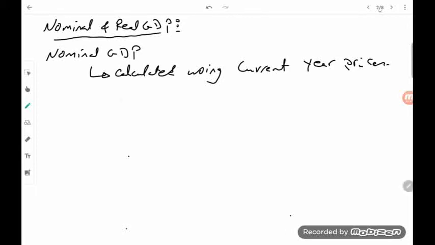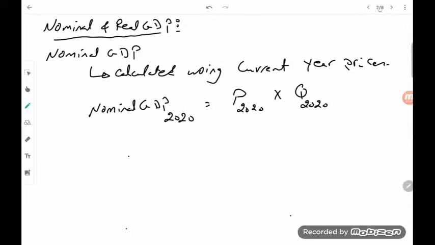So nominal GDP for year 2020, for example, is calculated as price 2020 multiplied by quantities of 2020. To make the rule more generalized, nominal GDP for year T is calculated as price at time T multiplied by quantity at time T.